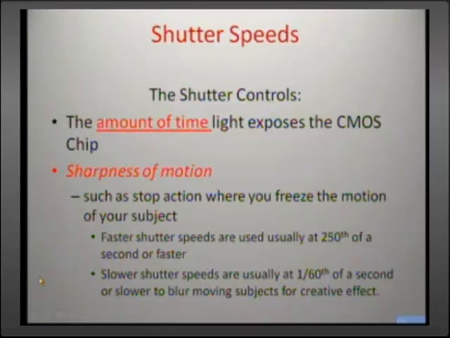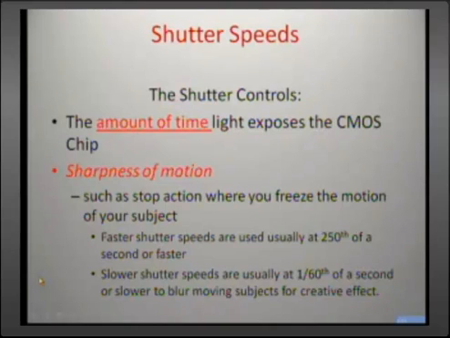When we're talking about sharpness of motion, we're talking about if we're going to blur a moving subject or even blur a static subject if we're not able to hold the camera steady enough with a slow shutter speed. So keep that in mind as well.